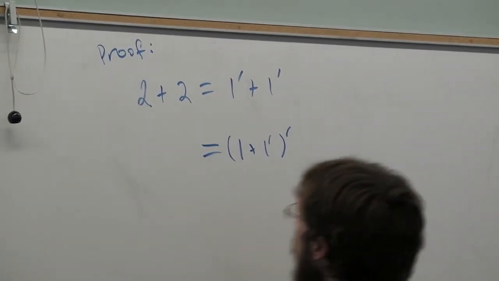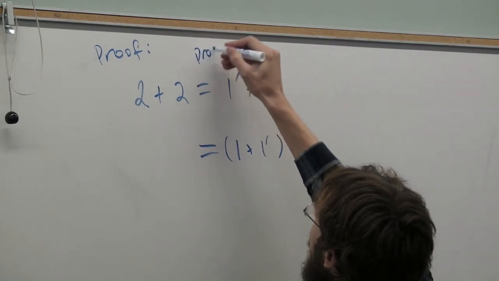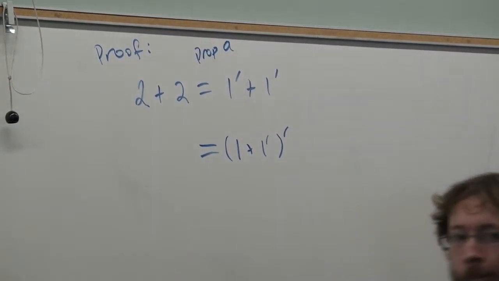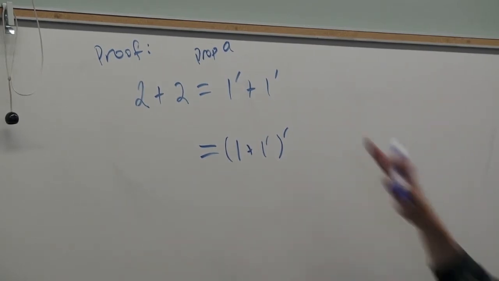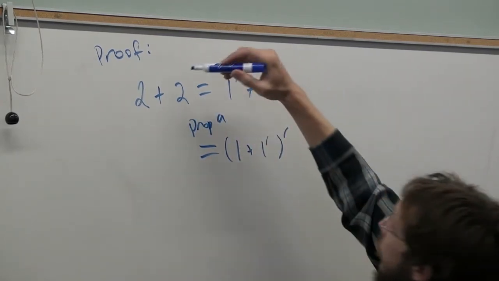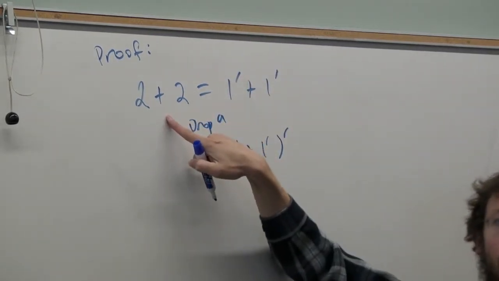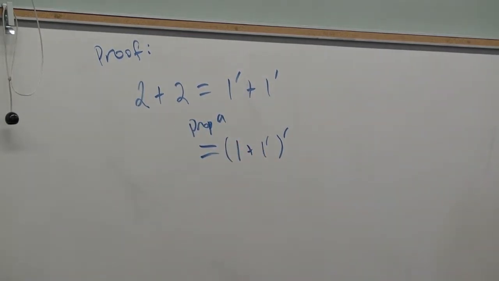So there we used property A. This equation was true by definition of what 2 means, and then this equation here is true by property A.